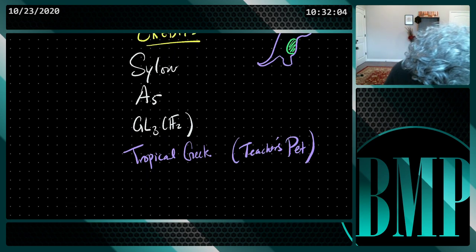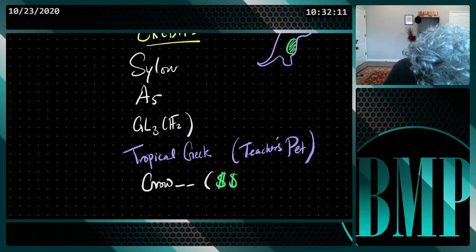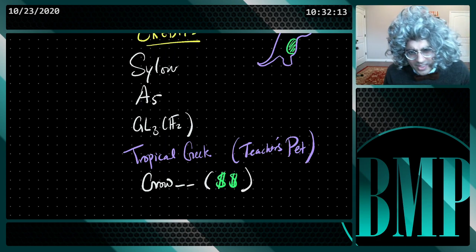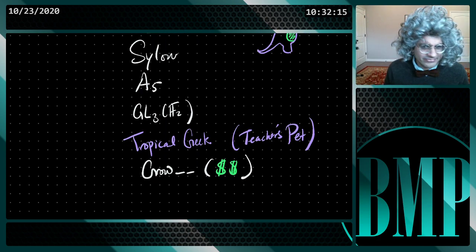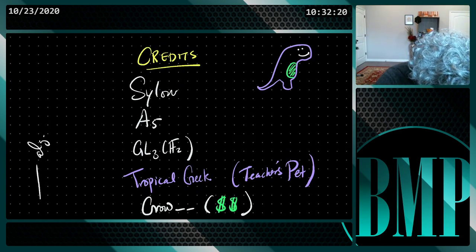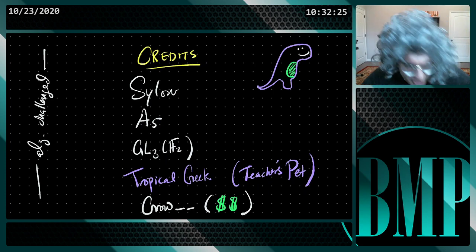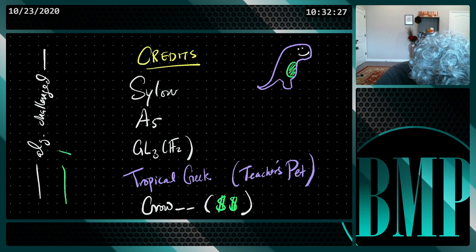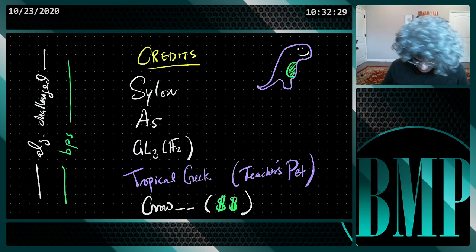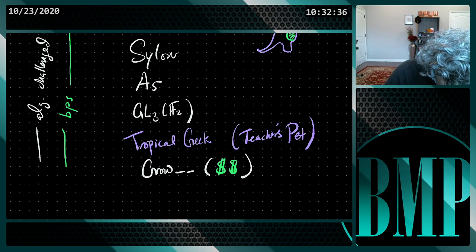Then Crow, of course. Okay. Algebraically challenged. Mod. What are the mods we have? All right. Oh, N Burrows was here. YouTube celebrity.